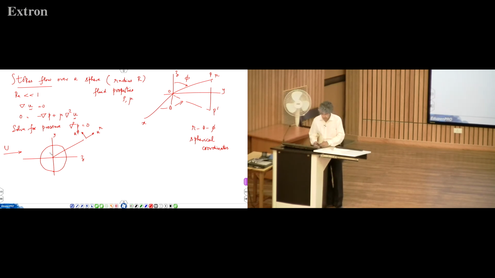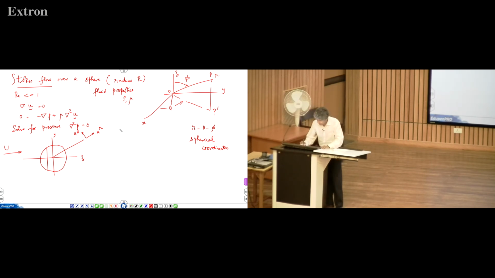If you think of a cross section of this sphere, let me just show that cross section here. You take a plane, you cut the sphere through a plane, and on that plane there will be this angle theta.